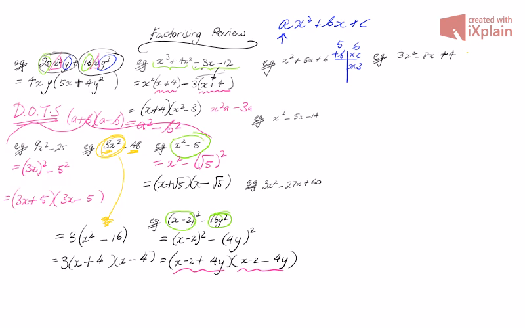I'll do the first example with all the steps, and from then on we can skip the steps. So what we do is we split the middle term, so the 5x turns into 2x and 3x, and then we just group in the pairs.